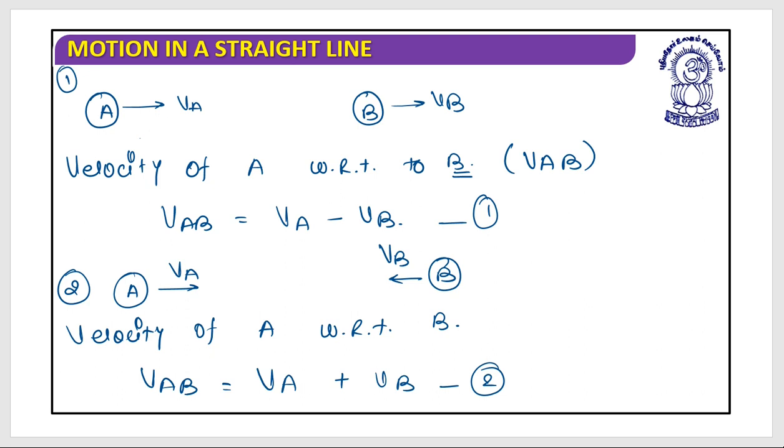Their velocity can be subtracted to find the relative velocity, their displacement can be subtracted, and their acceleration can be subtracted. And if two objects are moving in opposite directions, I can simply add their similar quantities. That means velocity can be added or acceleration can be added. I hope those things are clear to you.